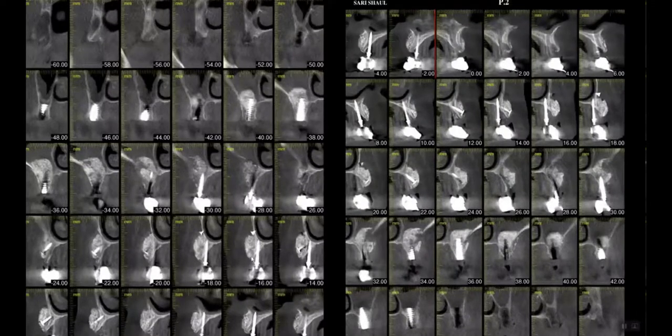Look how much volume we managed to get here on the buccal aspect. You see very nicely the mini implants on the palatal aspect, and we have a lot of bone on the buccal aspect.